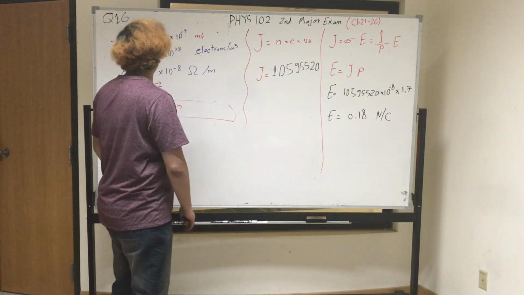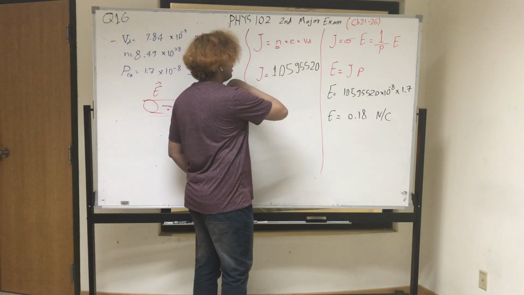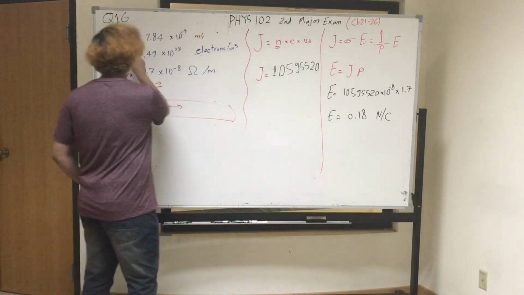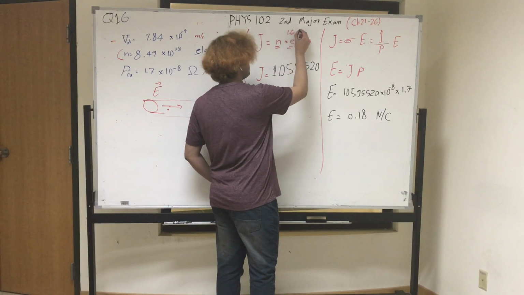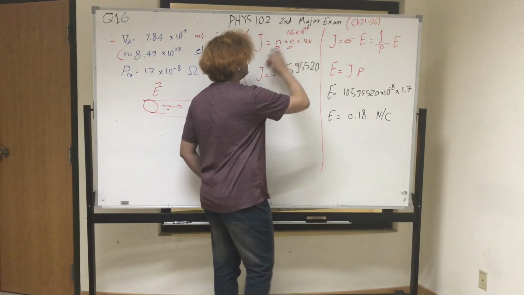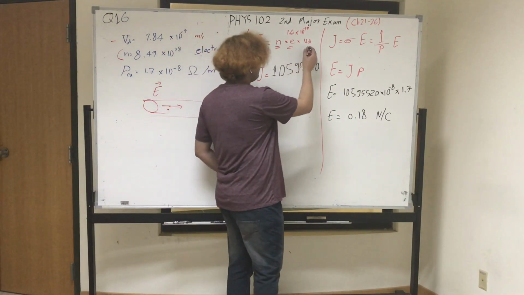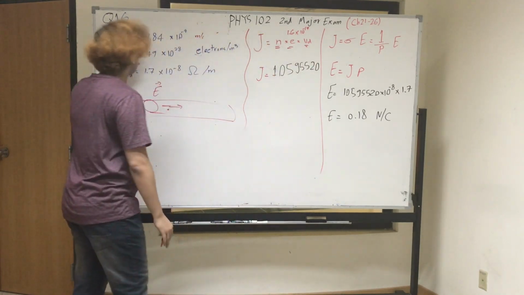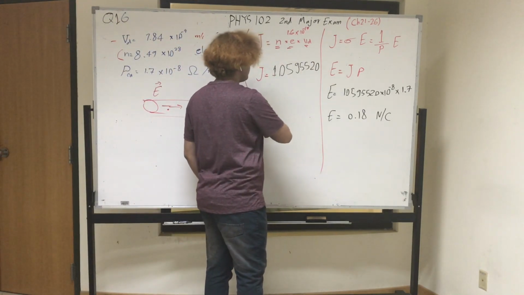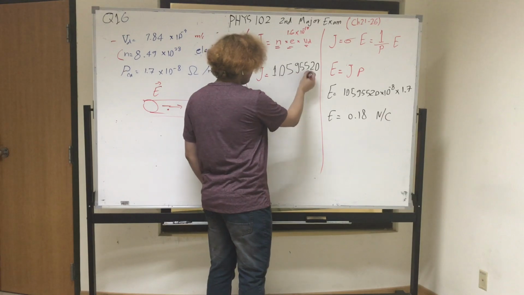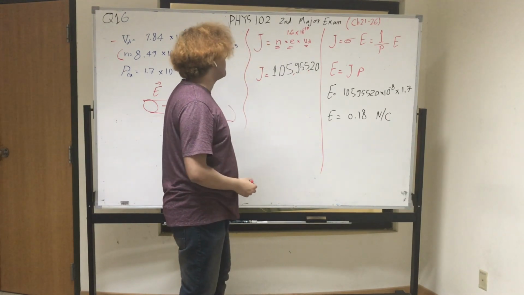So the current density is basically the number of electrons per unit volume, which is this number over here, times the charge of the electron, which is 1.6 times 10 to the negative 19, the fundamental charge, times the drift velocity. The drift velocity is given in the problem, and if you multiply these three values together, you'll get something like this. So this is the current density.